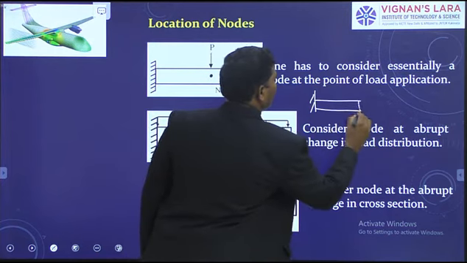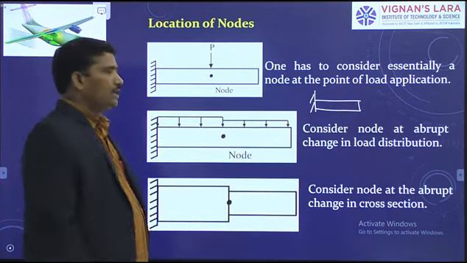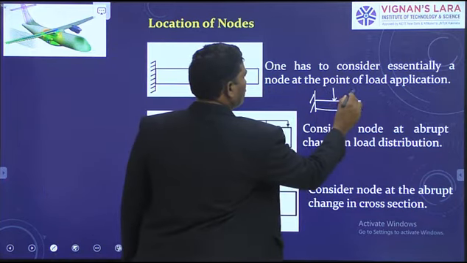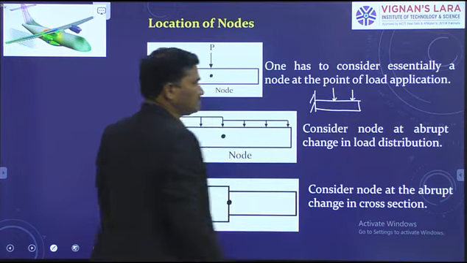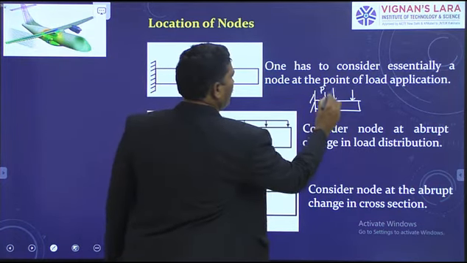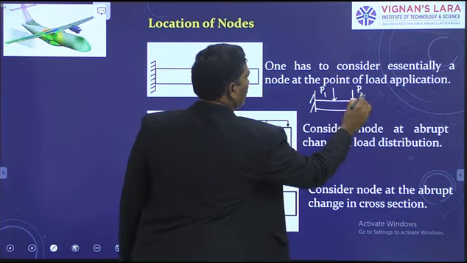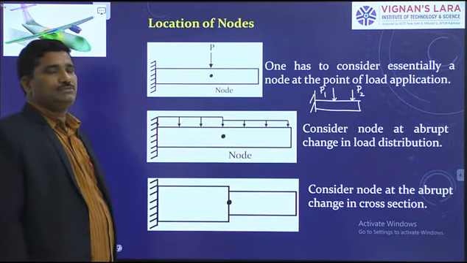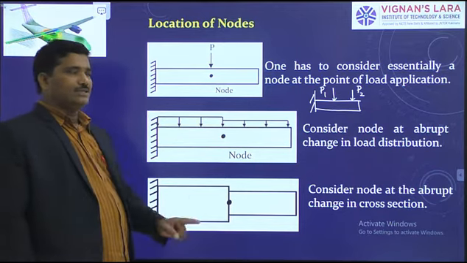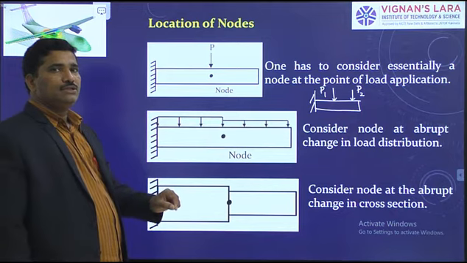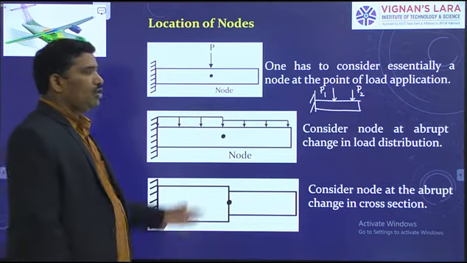It is supporting two concentrated loads as shown. The loads are, say, P1 and P2. Then, where do you consider the nodes? One has to consider essentially the node where the load is acting.